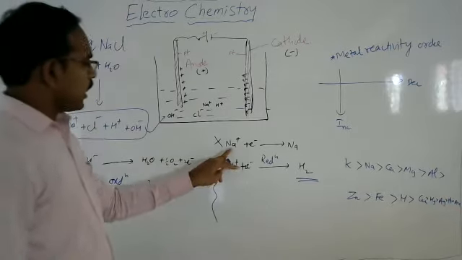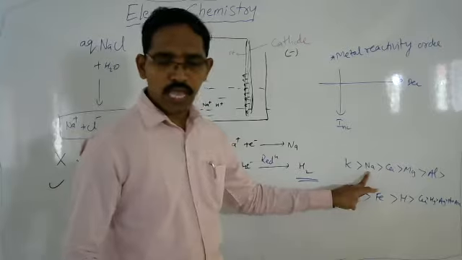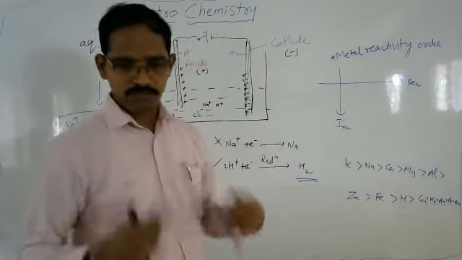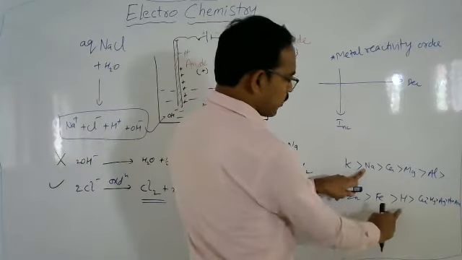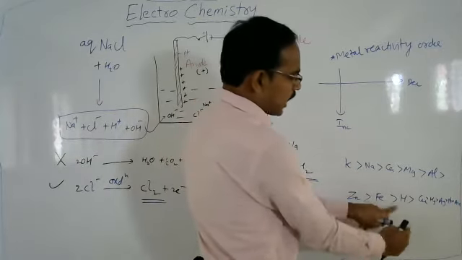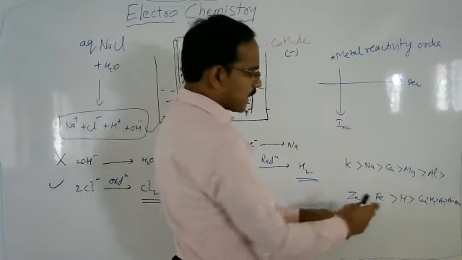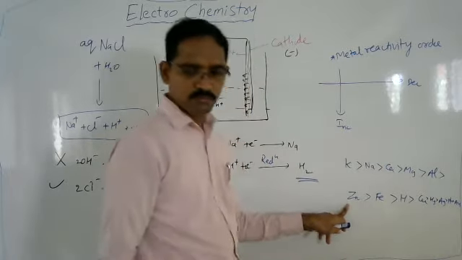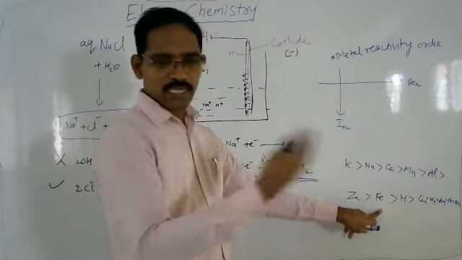Suppose Na plus and H plus are there. Which is more reactive? More reactive means losing electron, less reactive means taking electron. So between sodium and hydrogen, hydrogen will take the electron. If hydrogen and copper are there, copper will take the electron. If zinc and iron are there, zinc will lose the electron, iron will take the electron.